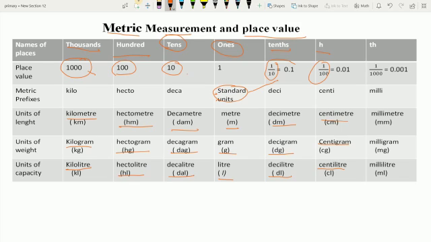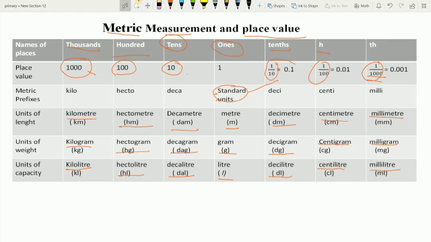Similarly, the units in the thousandths column are 1000 times smaller, or 1/1000th of the standard unit. We name these as millimeter, milligram and milliliter, as the prefix milli means 1/1000th.